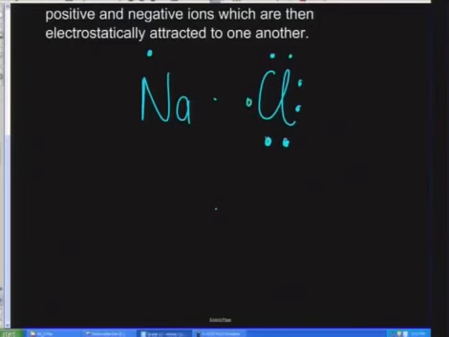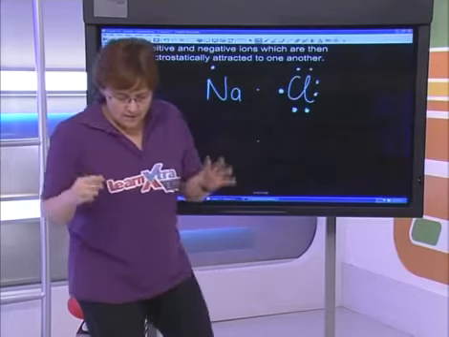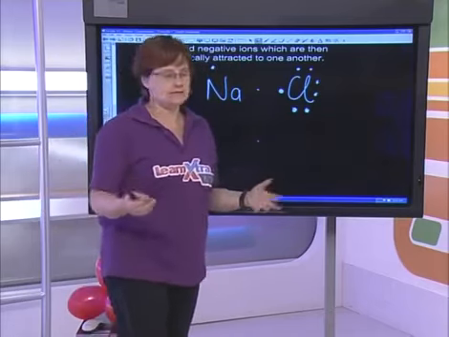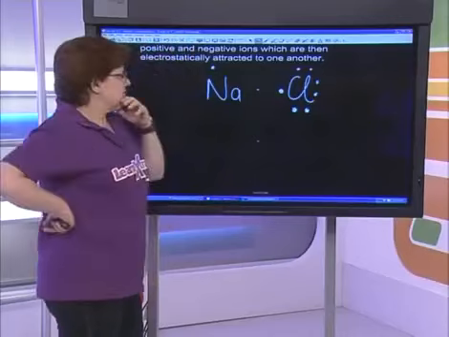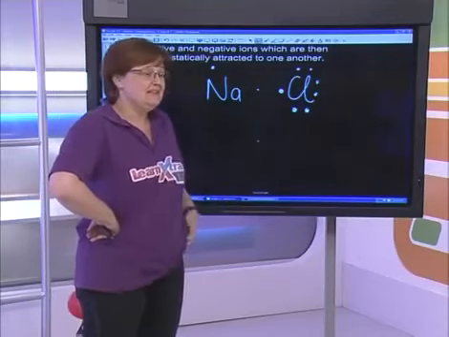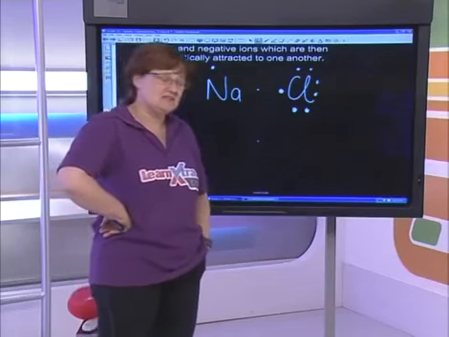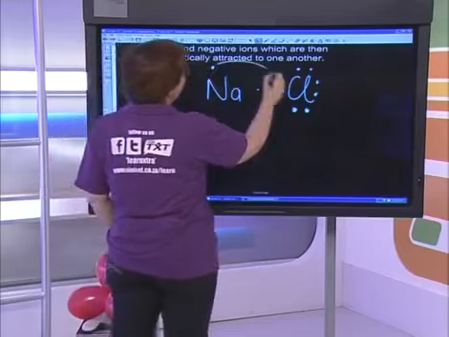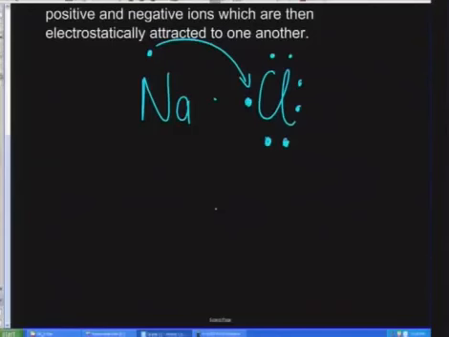Now we've got to say to ourselves, the point of bonding is to get a complete outer energy level because they want to look like the noble gases. Sodium looks at this and goes, okay, well, I've got lots of other electrons, and sodium's not so fond of its electrons. So it goes, well, you know what, chlorine, you can have my electron. Chlorine goes, yay, I'm very happy.